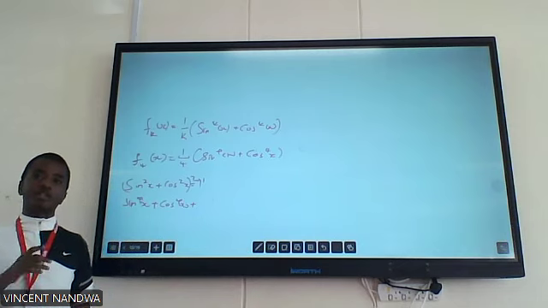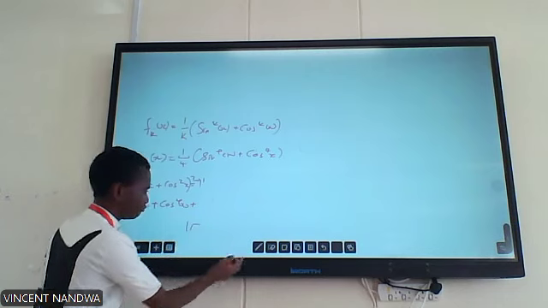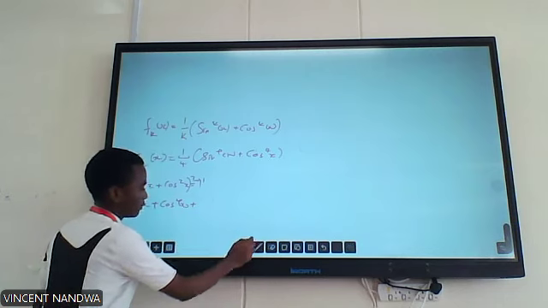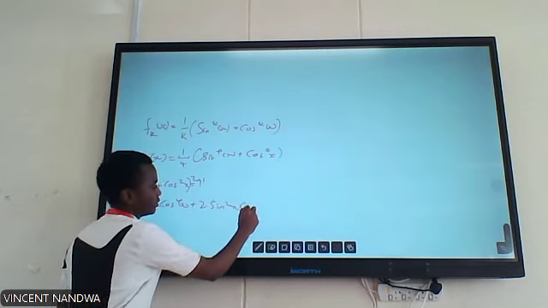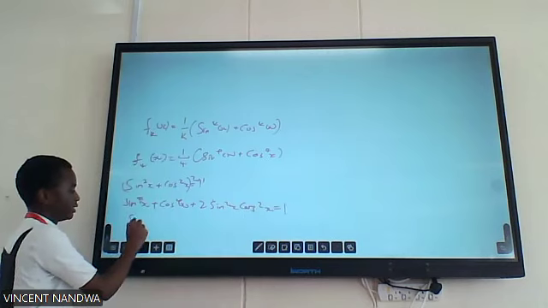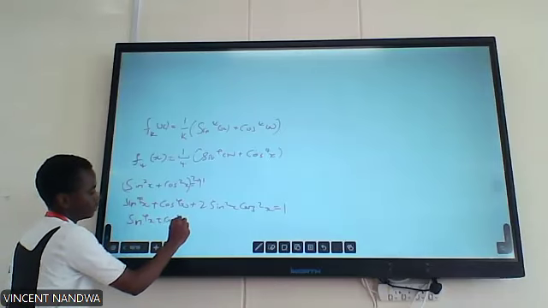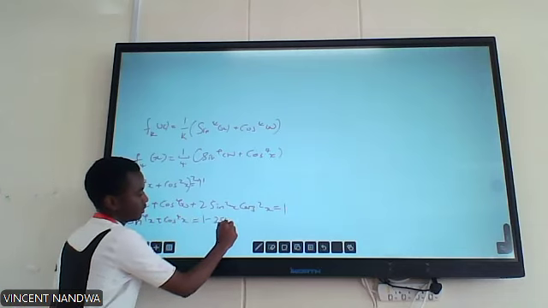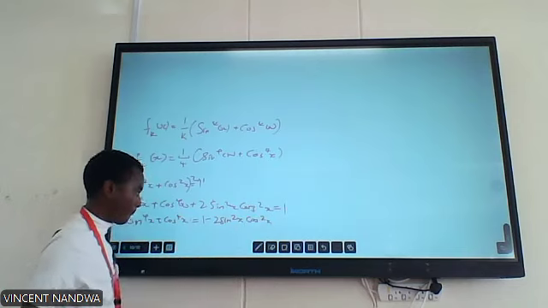So if you replace it, take it to the other side, you get sine x to the power 4 plus cos x to the power 4 equals 1 minus 2 sine squared x cos squared x.